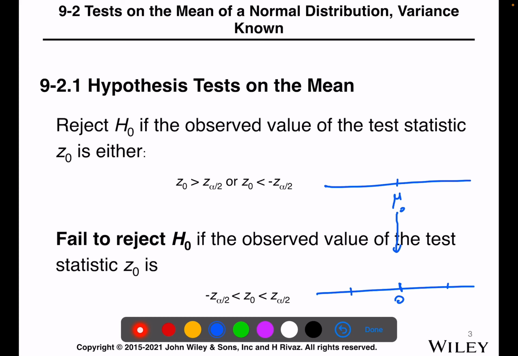This becomes Z of alpha divided by 2, and this becomes Z of alpha divided by 2. So we basically say that if we are here or here, we reject H0, right?